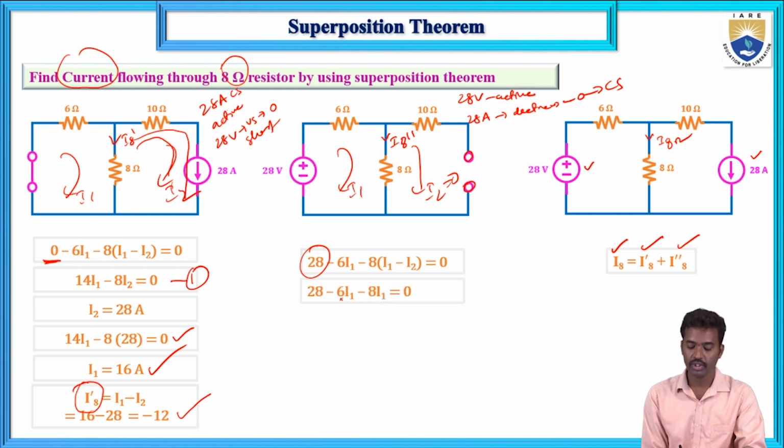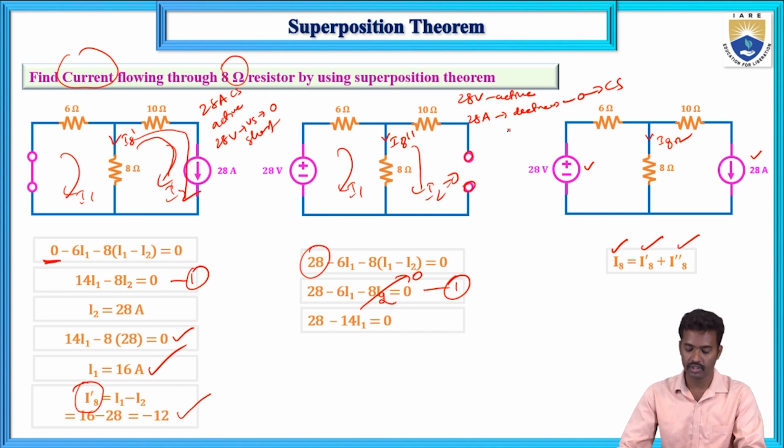Now here 28 minus 6 I1 minus 8 I2 equals 0, equation number 1. Now 28 minus 14 I1 equals 0 because this I2 value is 0. Now I1 equals 2 amperes.